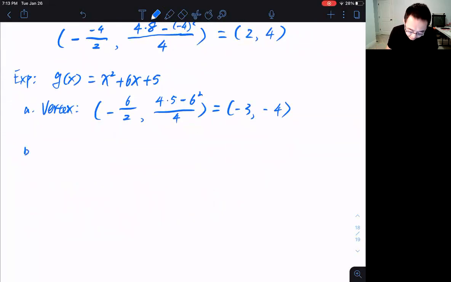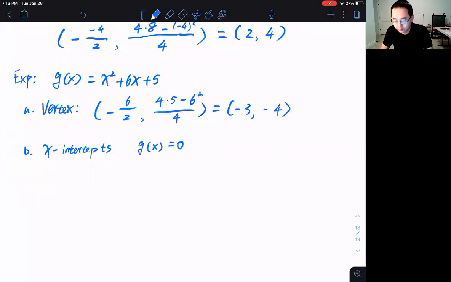And now B says, let's say I want you to find the x-intercepts. That is when g of x equals 0, because x-intercepts is when the y value is 0 and the y value is g of x, the function. So you do x squared plus 6x plus 5 equals 0, and you want to solve this.